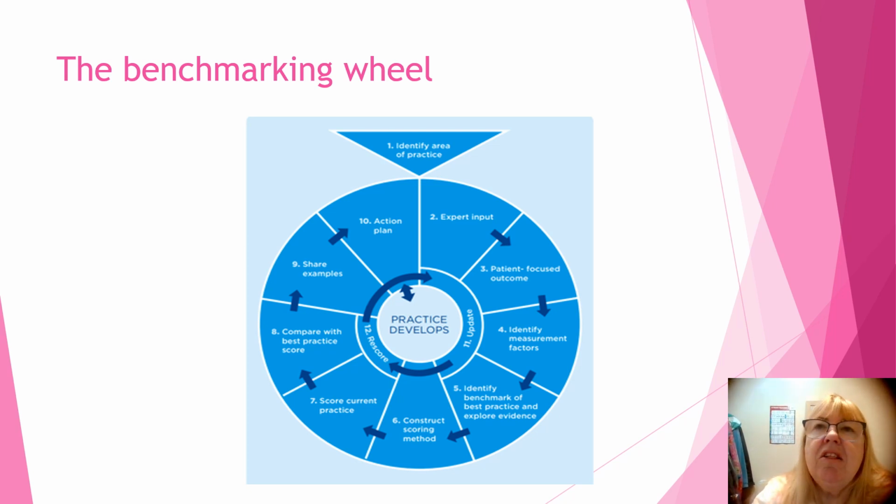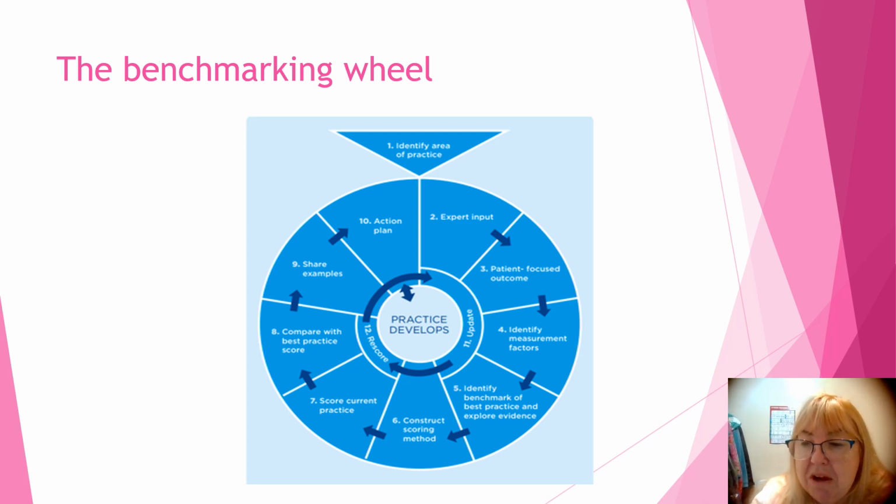Let's say the example is waiting times, which we were talking about in week 1, for a cancer treatment service. A patient-focused outcome would be not having to wait too long for their first possible cancer diagnosis. Number 4, identify measurement factors.